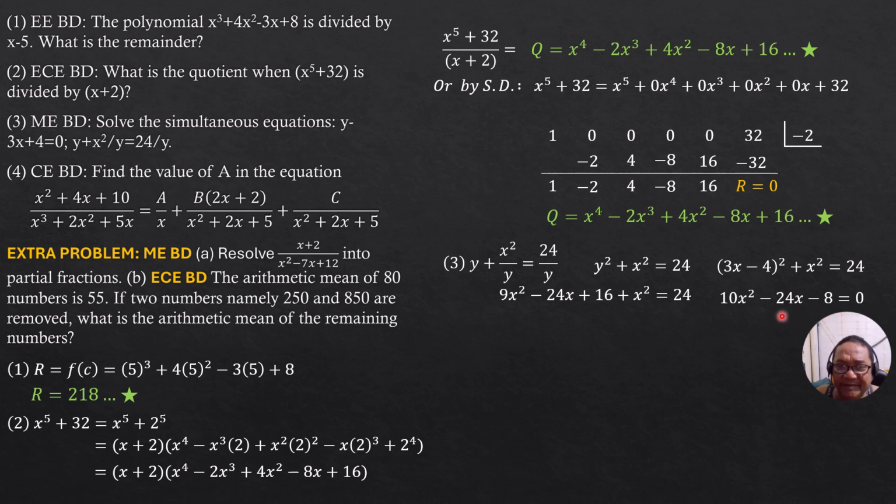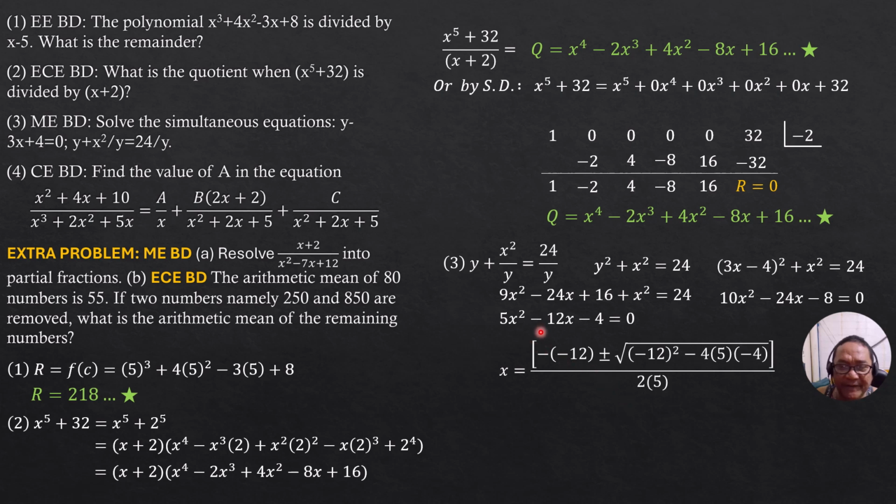We can divide everything by 2. So 5x squared minus 12x minus 4 equals 0. Using the quadratic formula, take note that a is 5, b is negative 12, and c is negative 4. And the quadratic formula is x equals negative b plus or minus square root of b squared minus 4ac, all over 2a. So x is negative of negative 12 plus or minus square root of negative 12 squared minus 4 times 5 times negative 4, over 2 times a, which is 5.